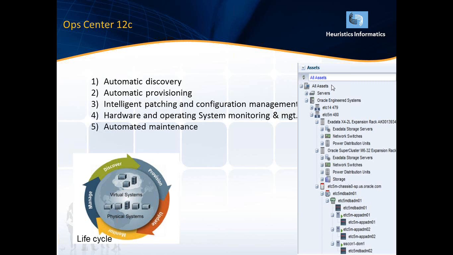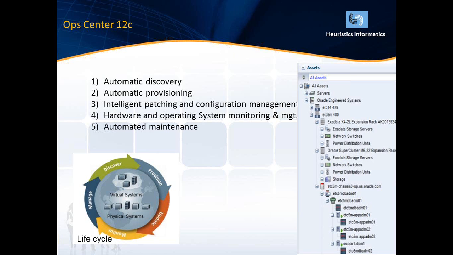If I configure a single asset, meaning a single Elastic Cloud, all the components under it will be configured automatically. We need not configure each and everything manually. Ops Center is intelligent in such a fashion that it can provision automatically on each and every component, update us, and monitor each and every component.